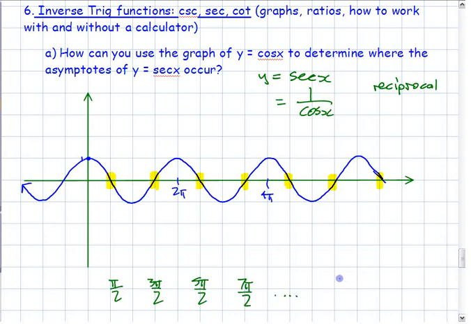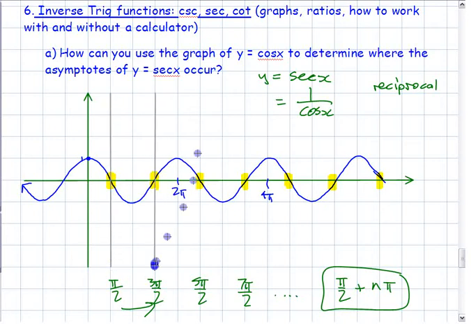Or you can write it as pi over 2 plus n times pi, the way you've seen before, because that's how far apart they are. So everywhere you're going to have an asymptote. If you're going to actually draw the graph, you're going to have an asymptote right there, and one there, one there, and so on, and on the other side as well.